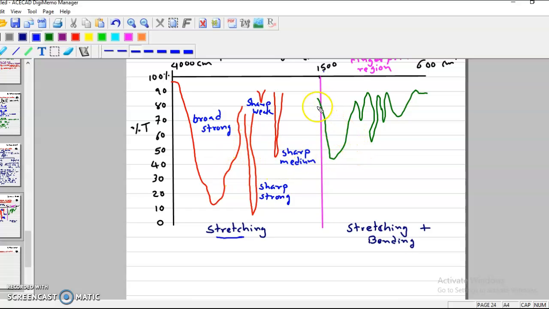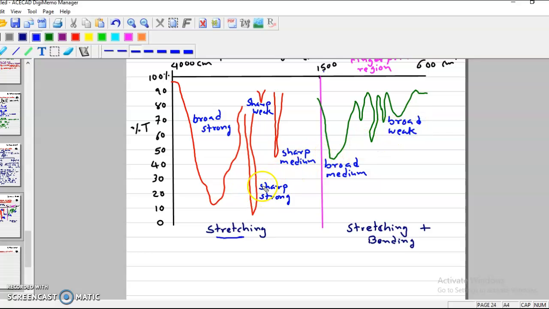Here also, it is a part of this one, so we can identify this kind of band. Here it is a broad band, but it is between 40 and 60, therefore it is called broad but medium. Here we have this type of band, it is called a broad and weak band.